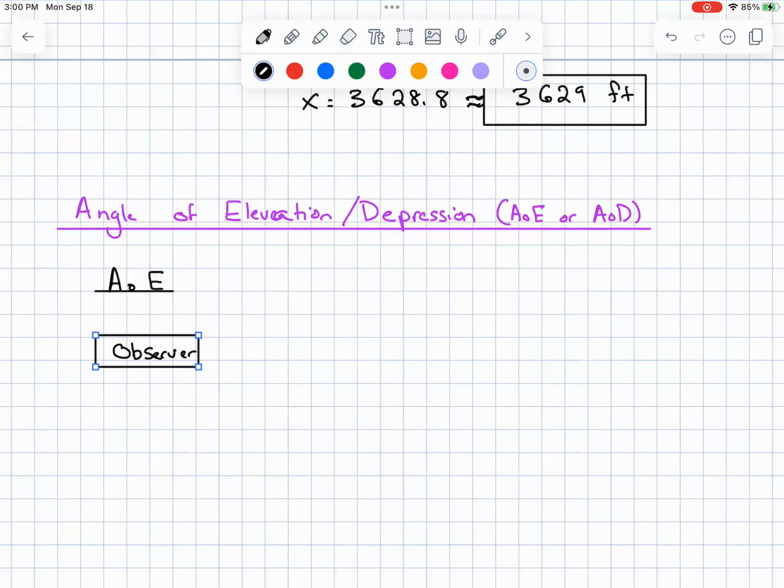From them, you have their horizontal. If the observer is looking directly straight, that is their line.